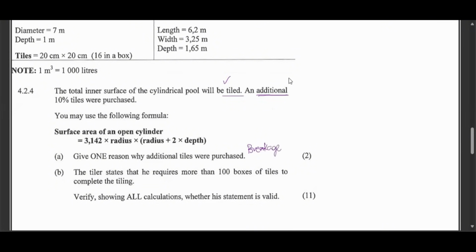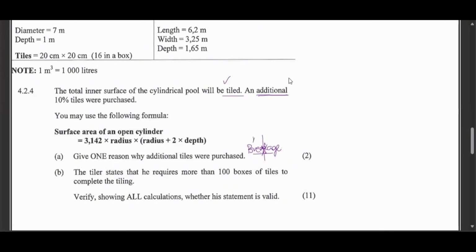But when we come back to tiles here, to cater for breakage. If tiles break, or to cater for the cuts, tiles sometimes on the floor don't usually fit exactly, especially at the ends of the room. They need to cut the tiles.